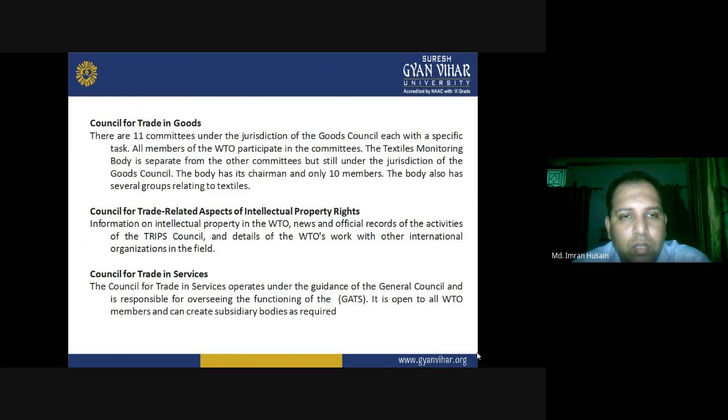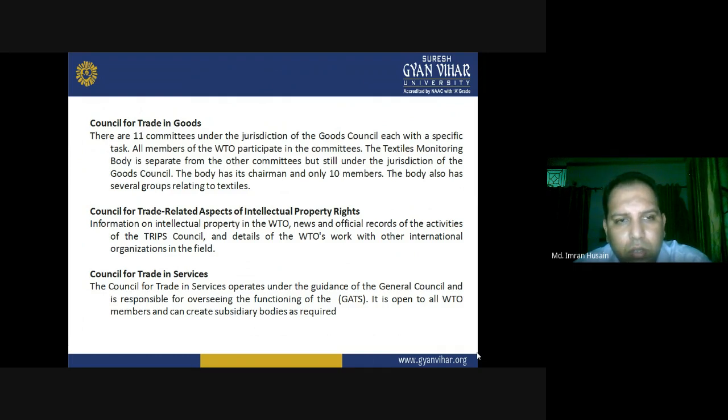Council for Trade in Goods. There are 11 committees under the jurisdiction of the Goods Council, each with a specific task. All members of the WTO participate in the committees. The textile monitoring body is separate from the other committees, but still under the jurisdiction of the Goods Council. The body has its chairman and only 10 members.